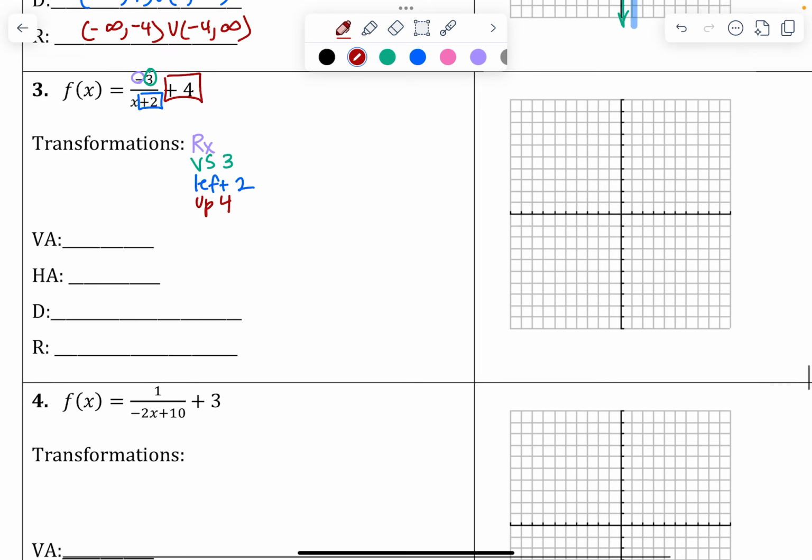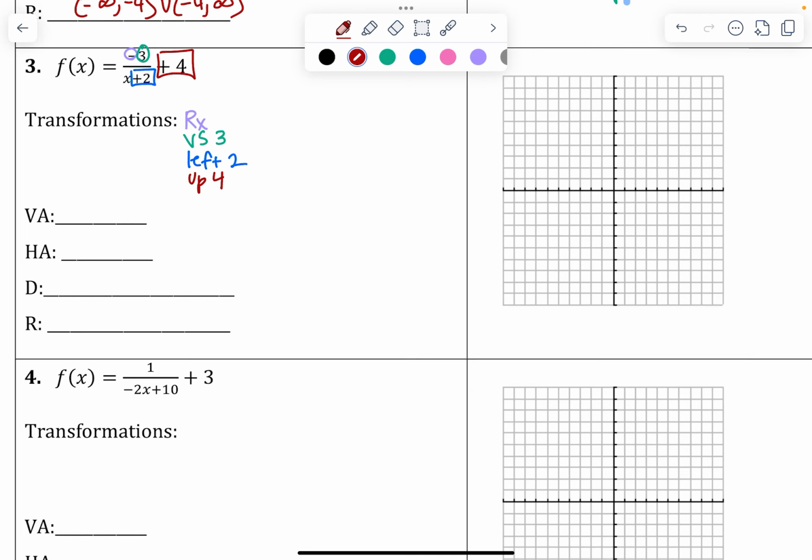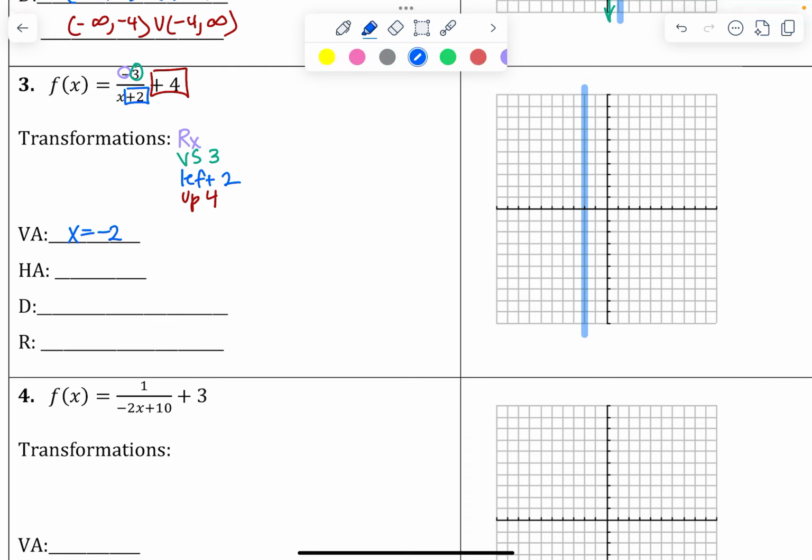Okay, so let's start with the familiar. The left 2 is going to move the vertical asymptote to x equals -2. And then the horizontal asymptote is going to move up 4, so y equals 4.